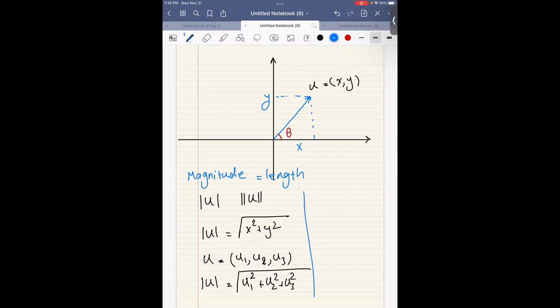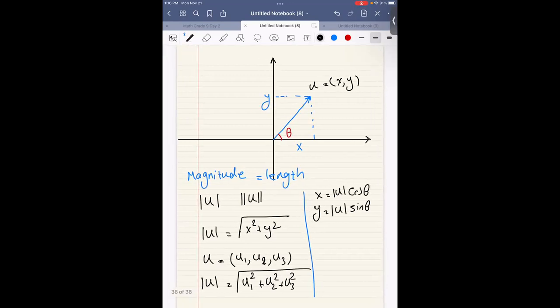So let me tell you, the first relation is that x is equal to the magnitude of u times cosine theta, and y is equal to the magnitude of u times sine theta. Right? Is it clear? Okay.